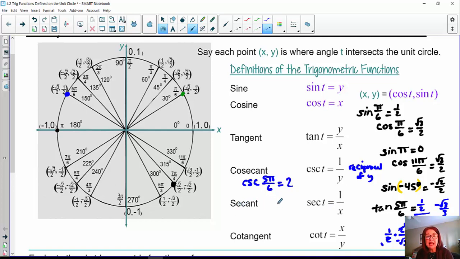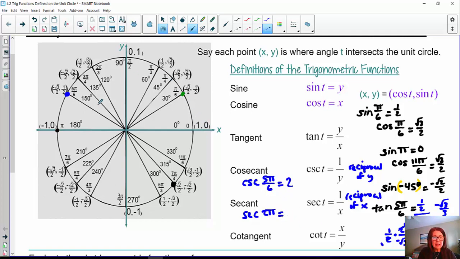All right. We have the secant of an angle, which is abbreviated SEC. When you see the secant of an angle, that's 1 over the x, in other words, the reciprocal of the x value. So suppose we wanted to find the secant of 2 pi.